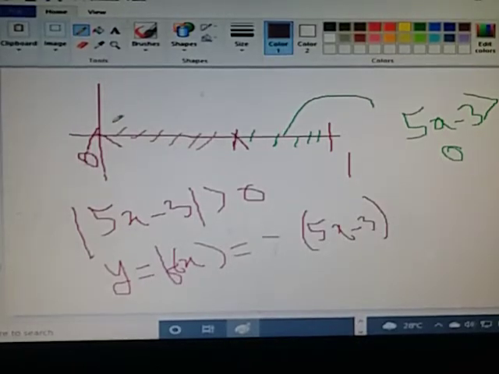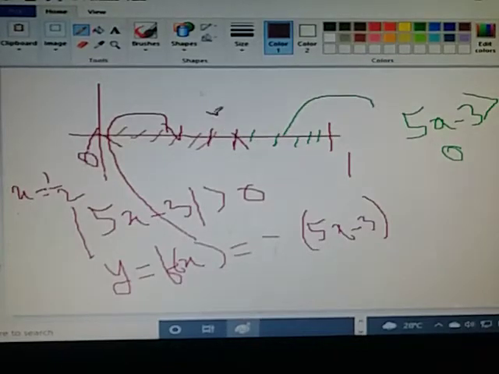Suppose x is equal to half. Then 5 by 2 minus 3 is minus half, so minus of minus half is plus half.